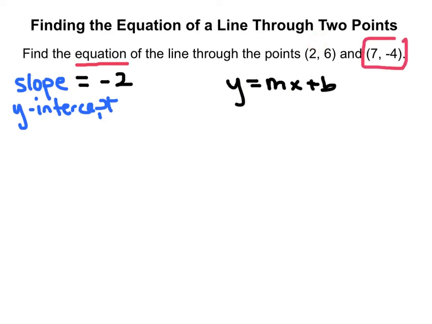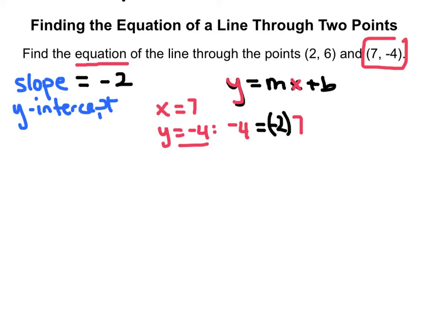So x equals 7 and y equals negative 4. Keeping in mind our slope, negative 2, I'll put parentheses around what I plugged in, and plus b.